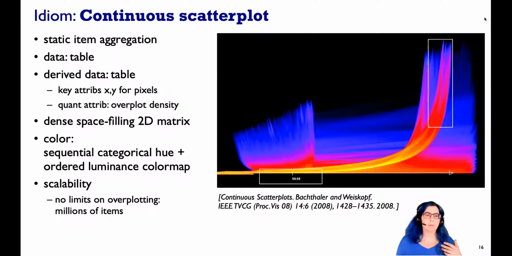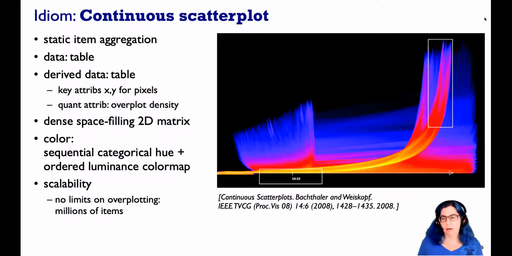They decided to propose an aggregation approach where you take the entire image that you've created and you treat that essentially in our analysis as a table. For each pixel value, so think of this as a matrix, where for each pixel you count the number of overplotted items there. And then what you end up with is a very dense, completely space-filling two-dimensional matrix, and you can encode that quantitative attribute of the density of the overplotting with a color map.